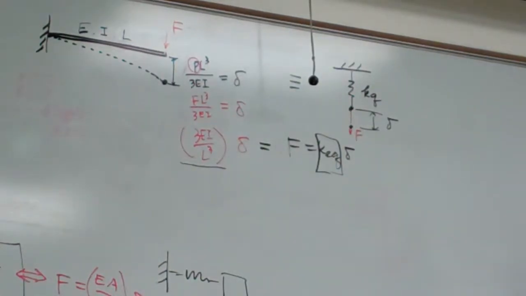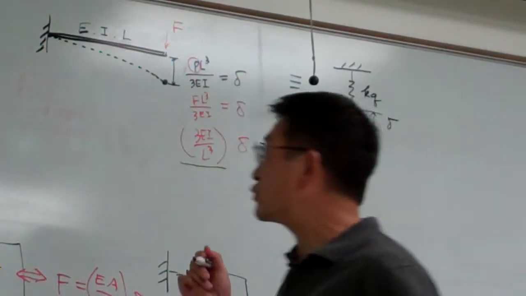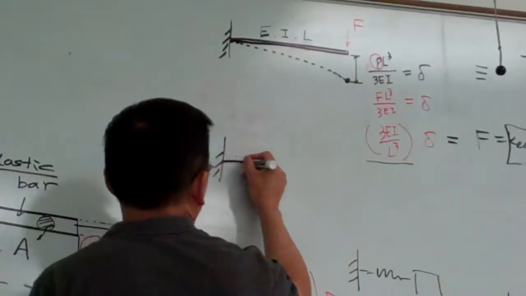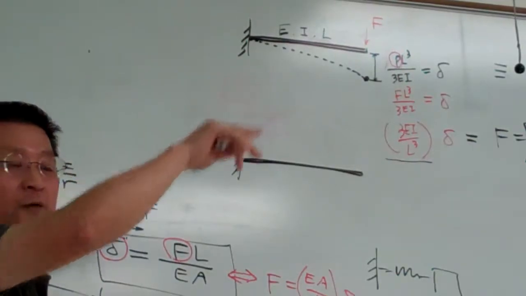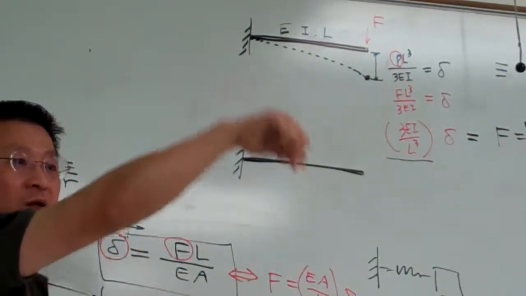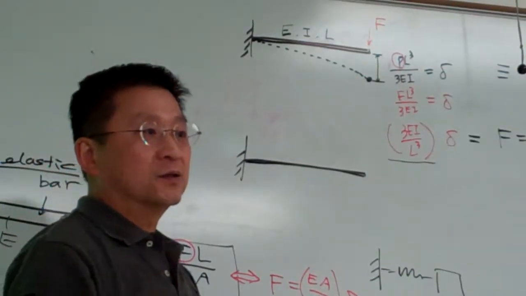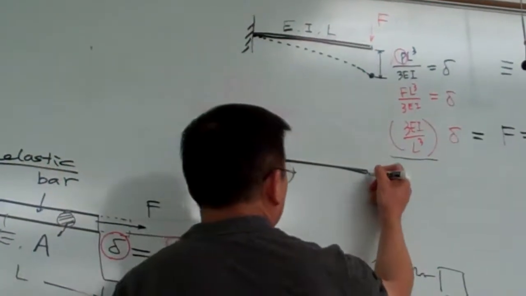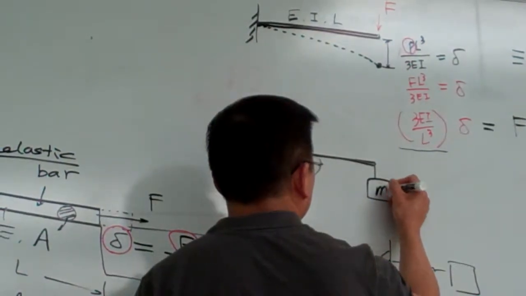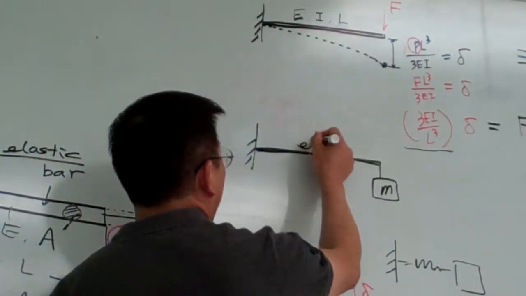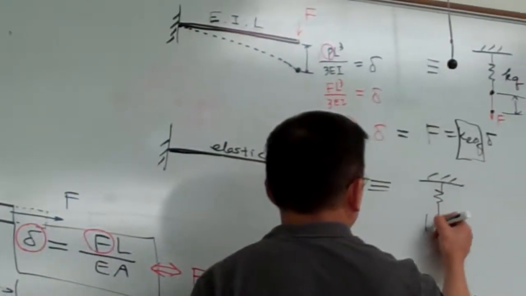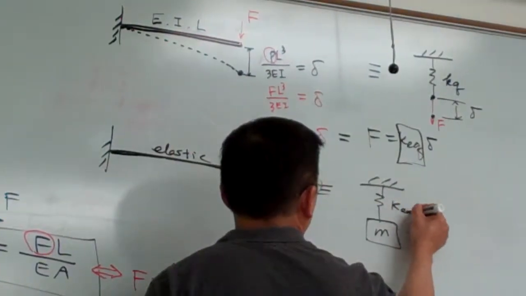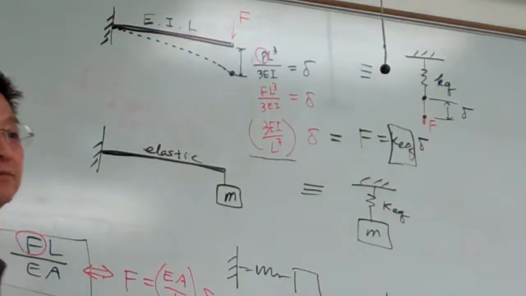You okay? So such a system is described by this. If you're using a cantilever beam, something like a crane in structural engineering or civil engineering, they use a crane to lift a batch of steel bars. So say this is the mass here. Because this is elastic, you can describe it by such a system, where KEQ is given by this number.